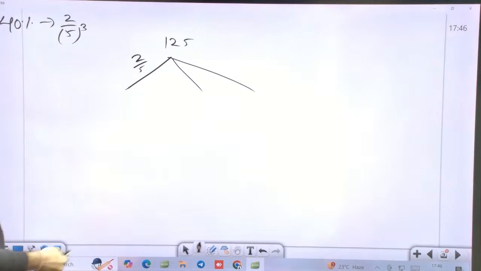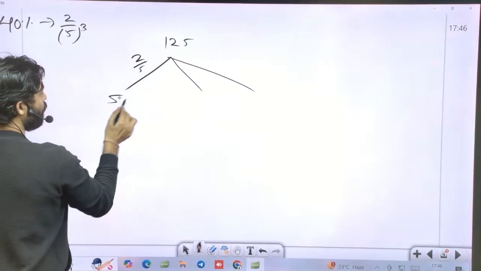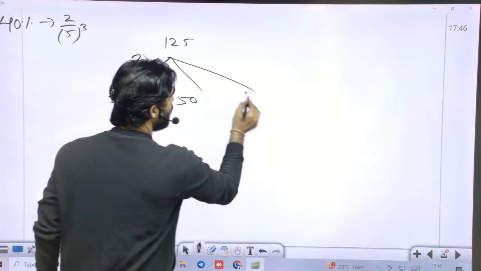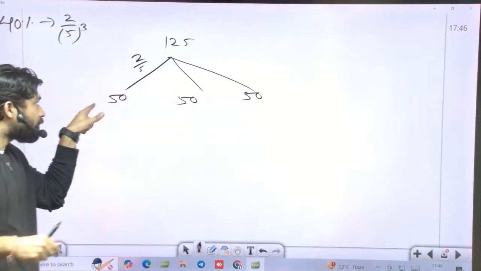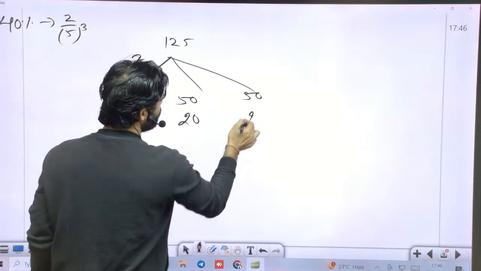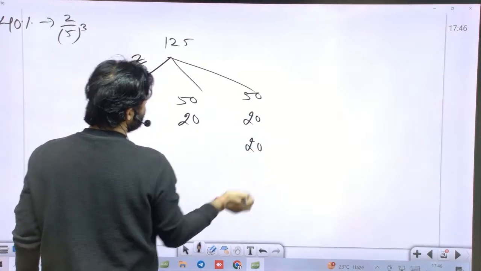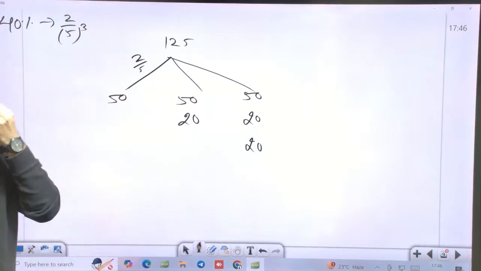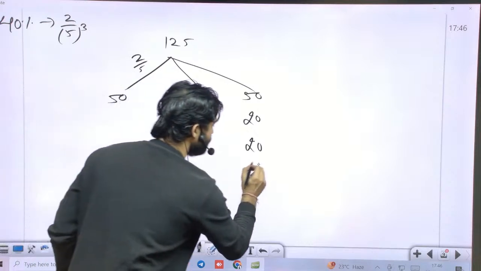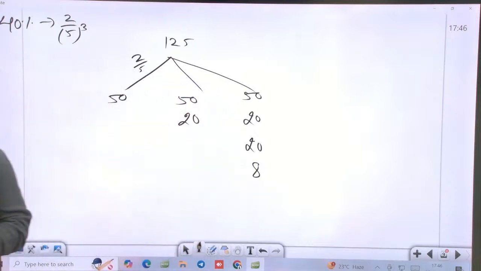So 25 into 2 is 50. All the values will be equal for 3 years: 50, 50 and 50. Now we have to find 2 by 5 of it, so this is 20, 20 and 20. And 2 by 5 of 20 is 8. This is the chart.